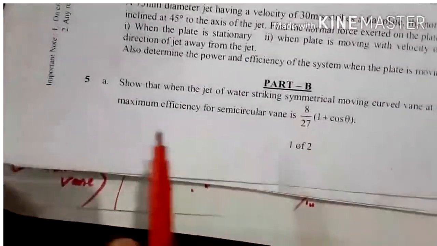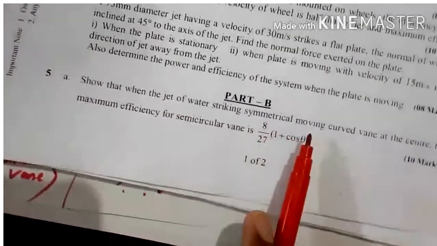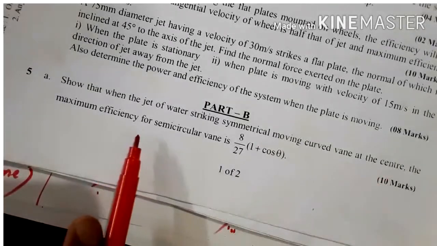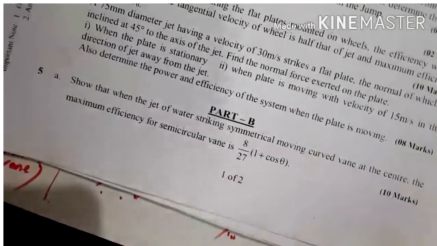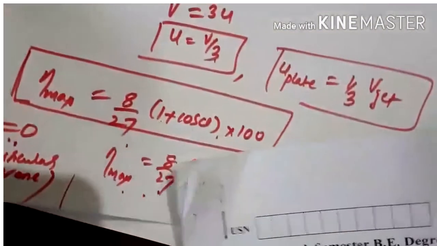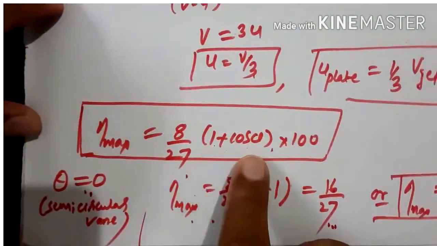Here I can show you the question as it appears in exams: show that when a jet of water strikes a symmetrical moving curved vane at the center, the maximum efficiency for a semicircular vane is 8/27 (1 plus cos theta). So this is the derivation: 8/27 (1 plus cos theta) by (1 plus cos theta) into 100.